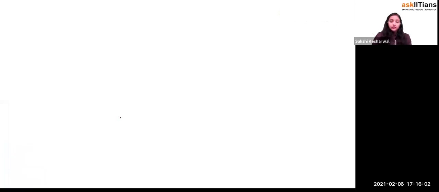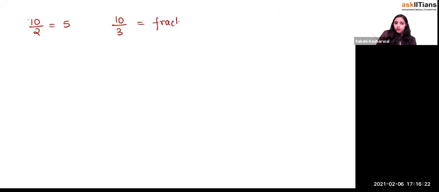When you divide any number, we have written 10 divided by 2 and 10 divided by 3. So the answer here is 5, and here the answer is a fraction, right? So 10 divided by 2 is an integer, and this one is a fraction.